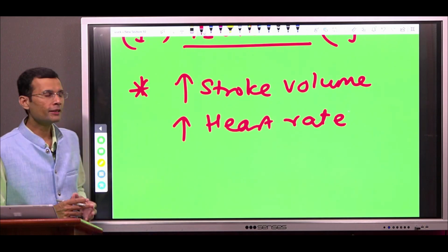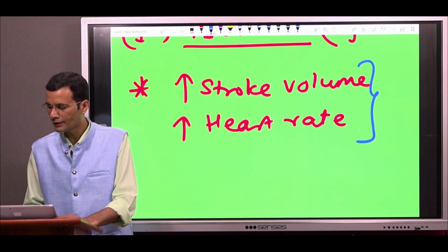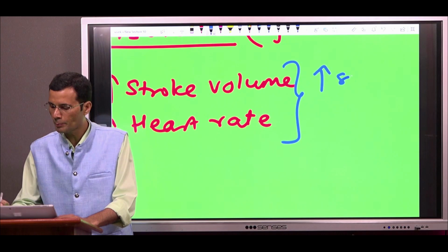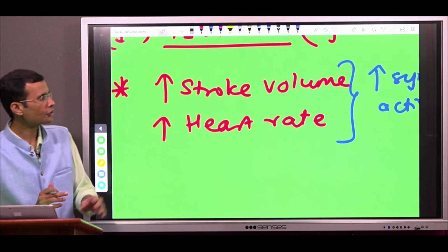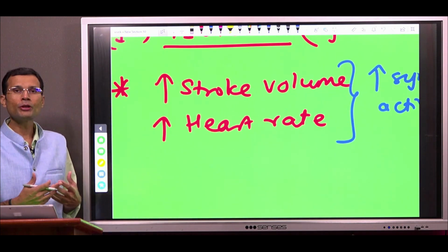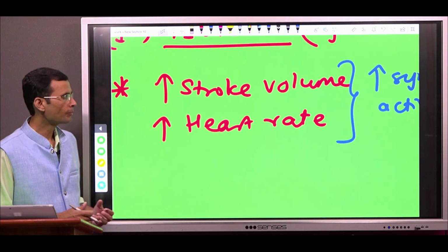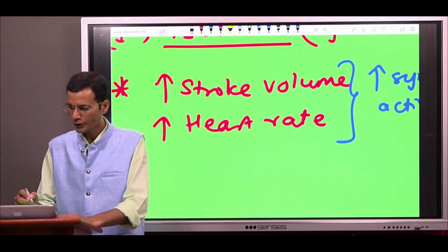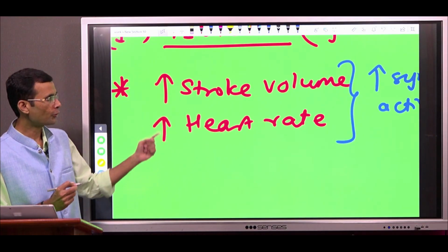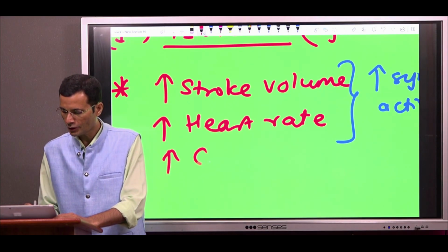You know, these whole body exercises increase the sympathetic activity, the sympathetic discharge to the heart, leading to increased stroke volume, the amount of blood pumped out by the heart in one systole, and also the number of beats per minute, increased heart rate. Therefore, the product of these two, stroke volume and heart rate, is the cardiac output. So, there would be increased cardiac output.